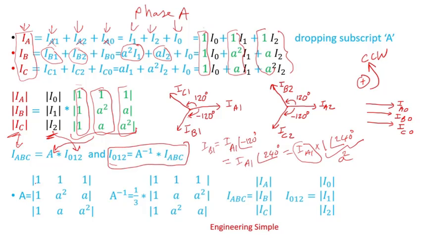So matrix A is 1, 1, 1, 1, A squared, A, 1, A, A squared. And the inverse of the A matrix is 1 over 3 times this matrix here: 1, 1, 1, 1, A, A squared, 1, A squared, A. In IABC, basically the vector of phase currents is just current A, current B, current C, and I0, 1, 2 is I0, I1, I2.